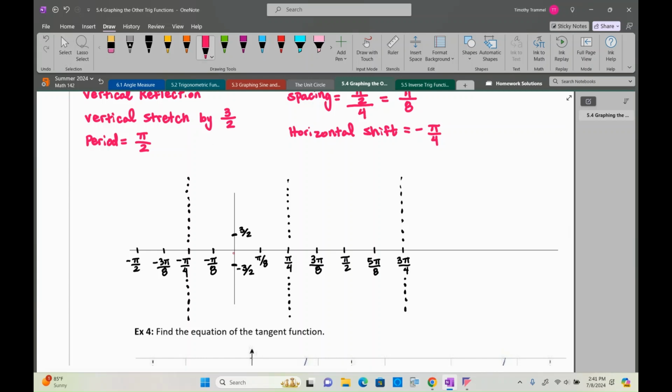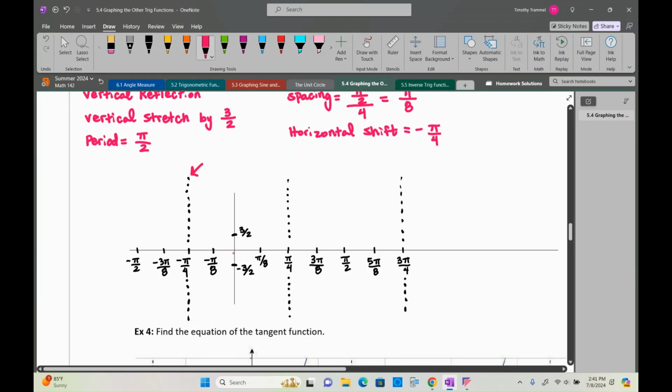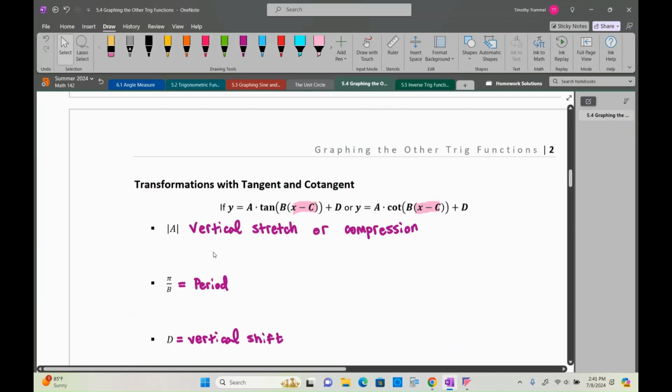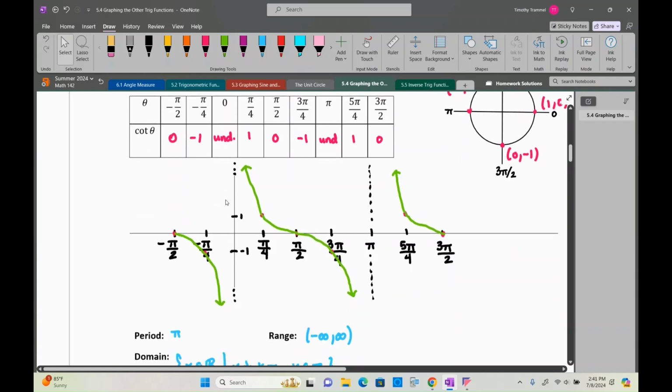So let's again use this as our starting point. That's where we moved x equals 0 to. We moved it to right here. Okay. So I'm going up to here. After this very first asymptote, you can see that the next quarter point was at 1. Okay, and then we had 0, and then minus 1.